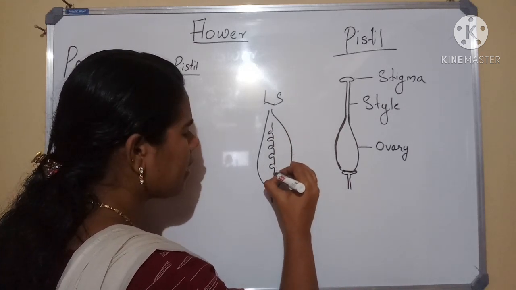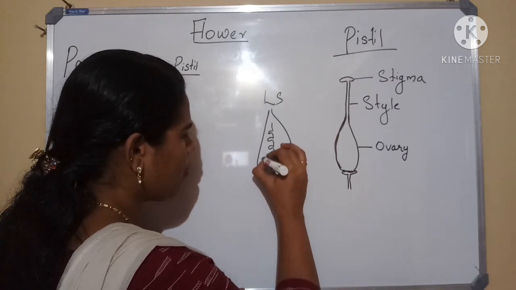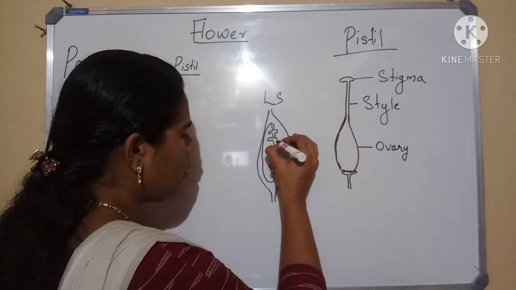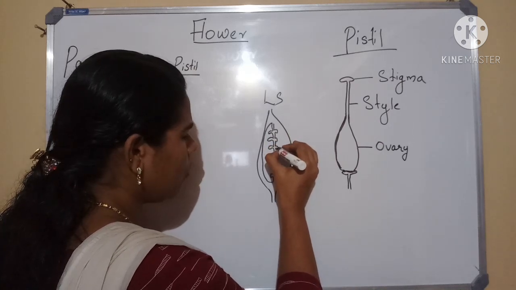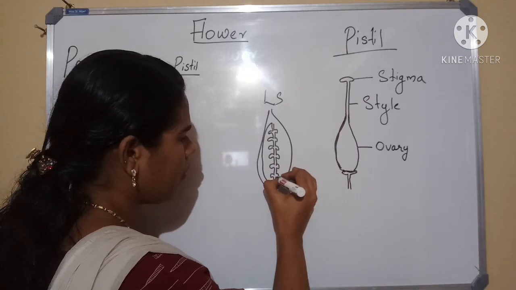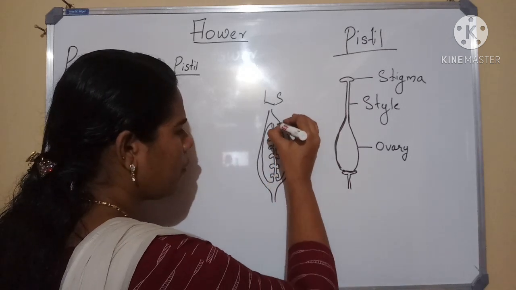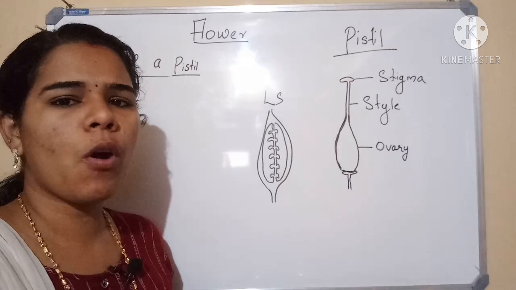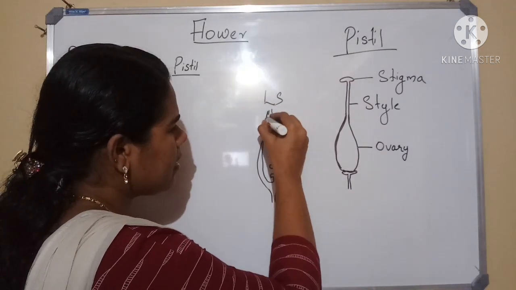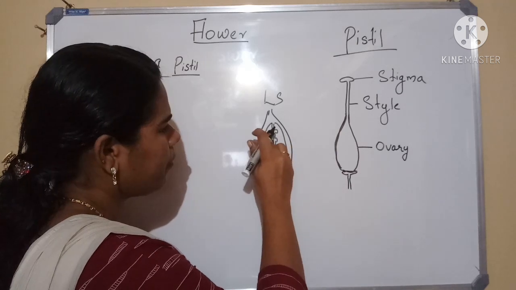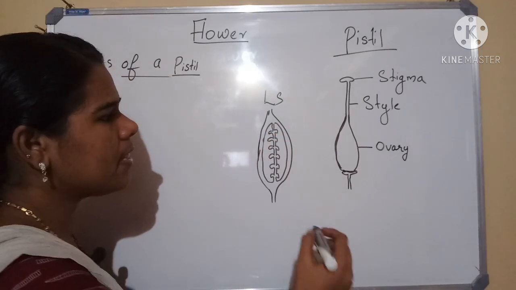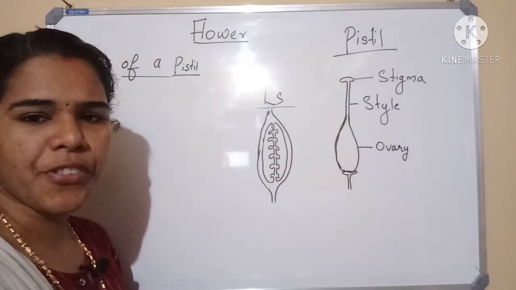Small bead-like structures you can see inside the ovary. This is the LS, the longitudinal section.